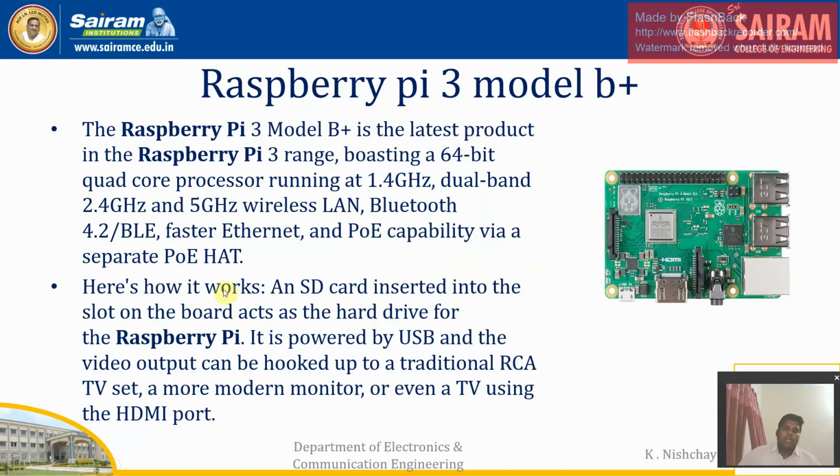Now, how does it work? An SD card, I'll tell you, as I told you before. An SD card is inserted into the slot and acts as the hard drive of the Raspberry Pi.